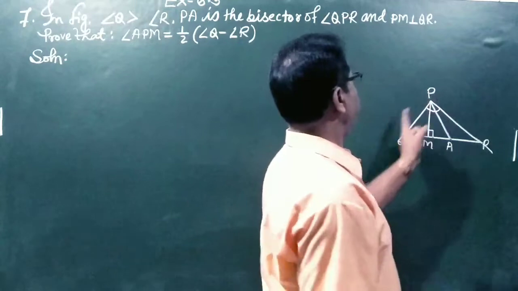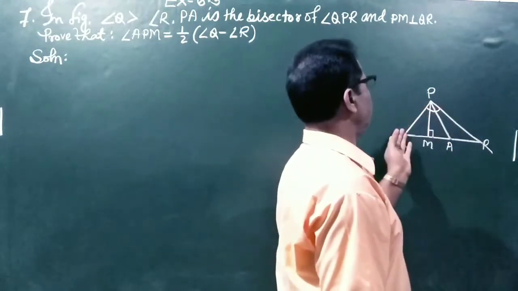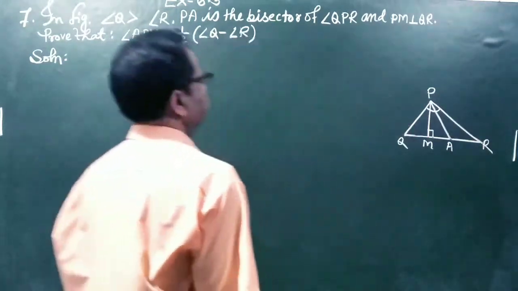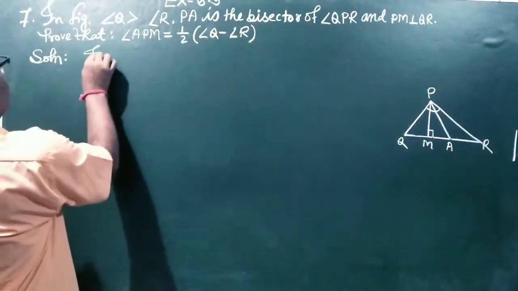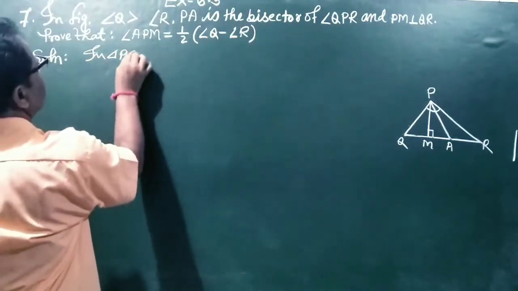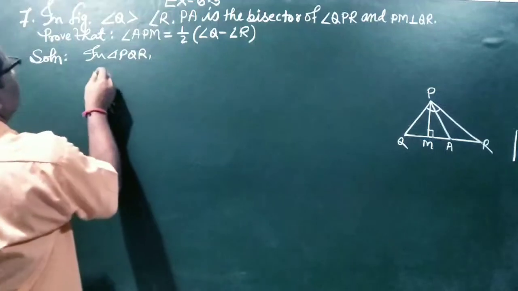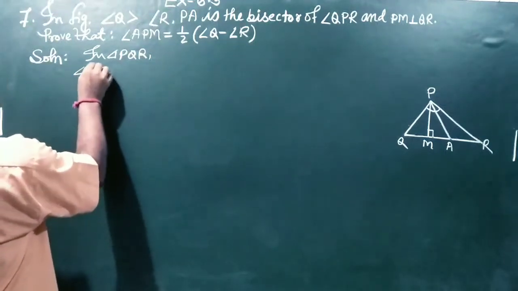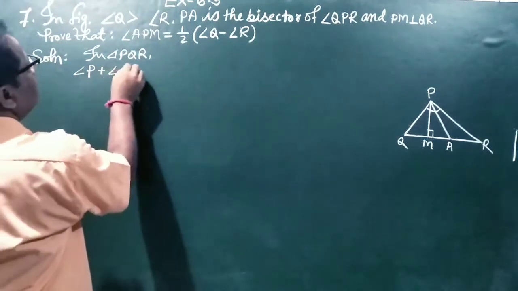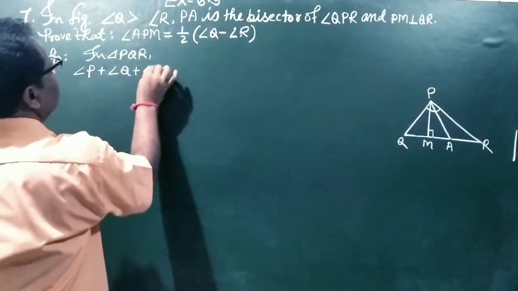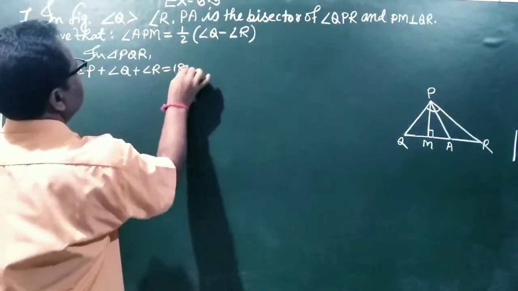Then in triangle PQR, angle P plus angle Q plus angle R is 180 degrees.